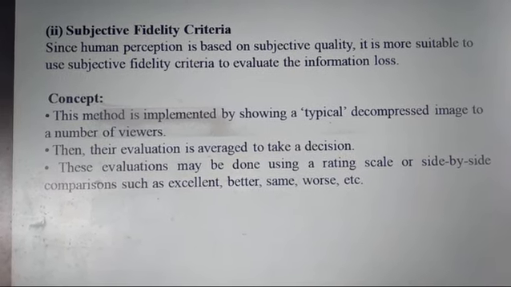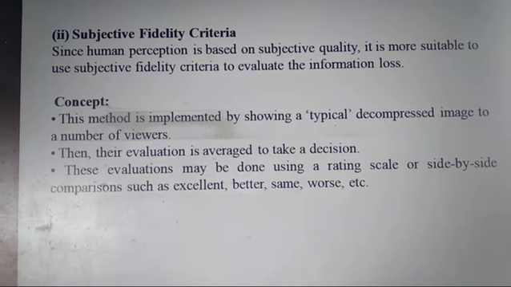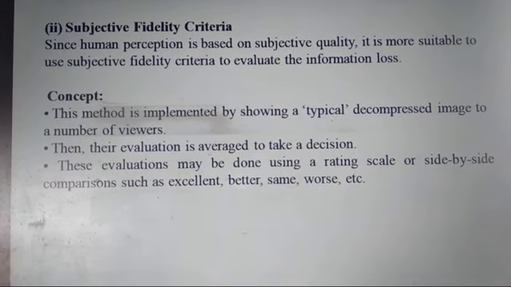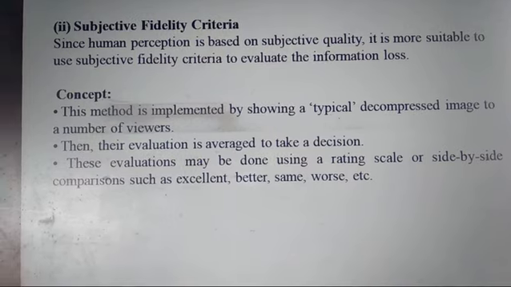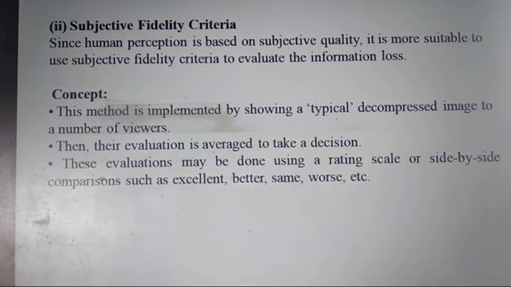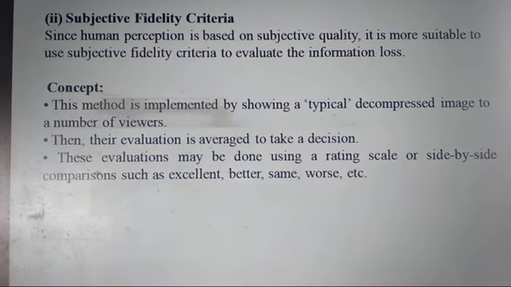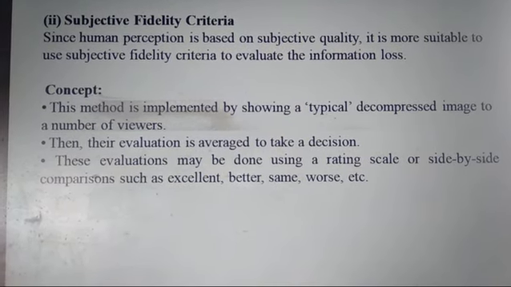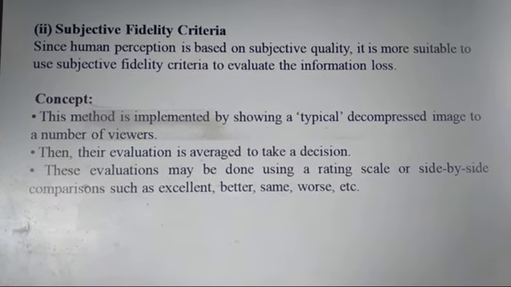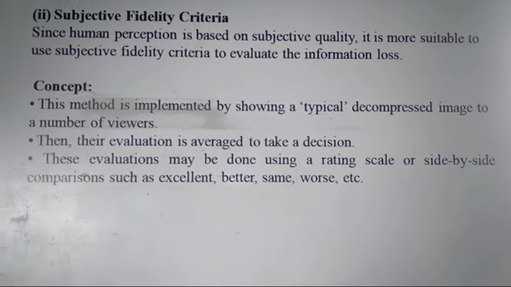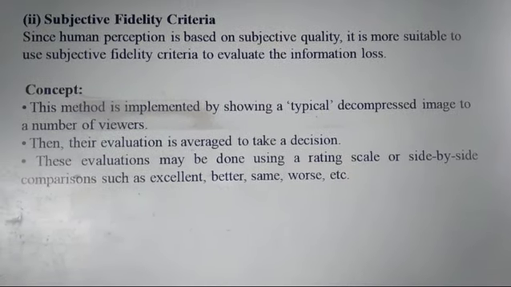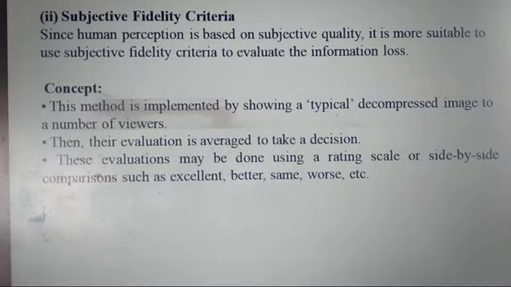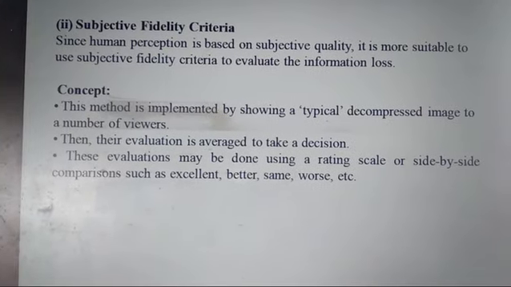This method is implemented by showing a typical decompressed image to a number of viewers. Then their evaluations are averaged to take a decision. This evaluation may be done using a rating scale or side by side comparison, such as excellent, better, same or worse.